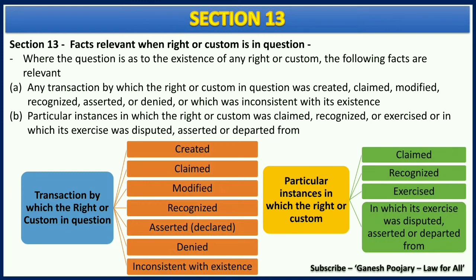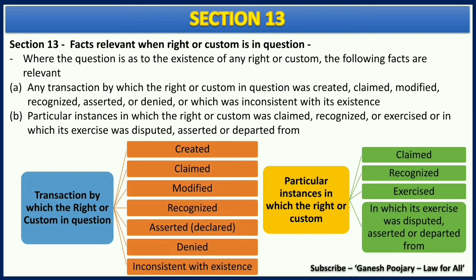Section 13 discusses facts relevant when right or custom is in question. So this particular section is completely dedicated to rights or custom. That is the first aspect you need to remember. Here it says where the question is asked as to the existence of any right or custom, the following facts are relevant. What are the following facts?